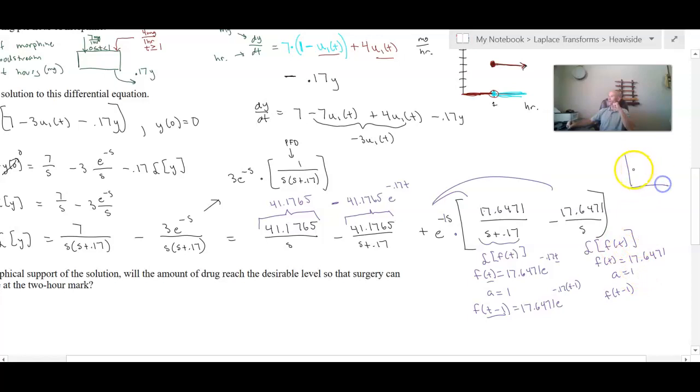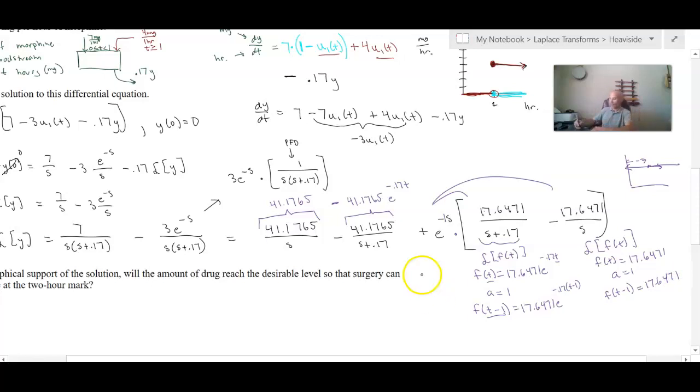The constant function, if I say, hey, shift this infinitely long function over a couple of units this way, well, it's still going to be the exact same function. It doesn't change. It has 0 rate of change. So there's nowhere to plug in t, in other words. 17.6471 is that f of t minus 1.